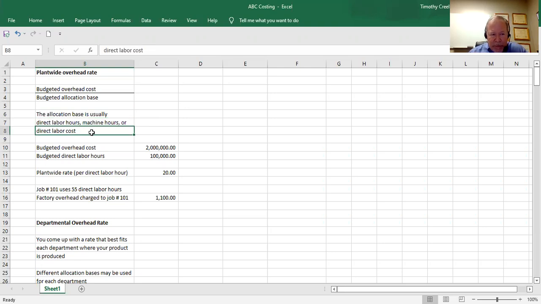So if you're doing a plant-wide rate, you would just apply this same rate to all of the jobs that you're working on, the products you make.